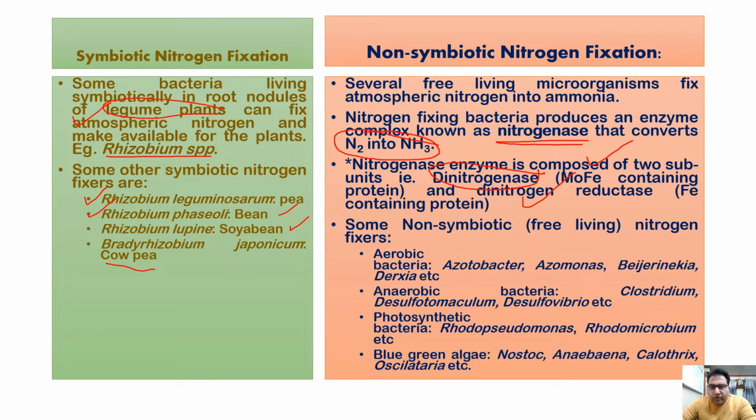When we talk about the overall reaction of atmospheric nitrogen fixation by non-symbiotic bacteria, it is the absorption and reduction of atmospheric nitrogen simply into ammonia. Many aerobic, anaerobic, and facultative anaerobic bacteria as well as blue-green algae can fix nitrogen non-symbiotically.